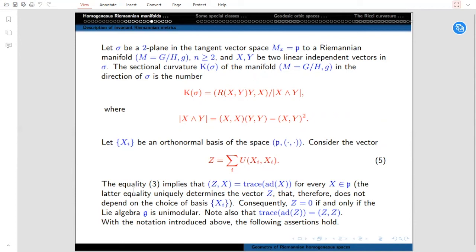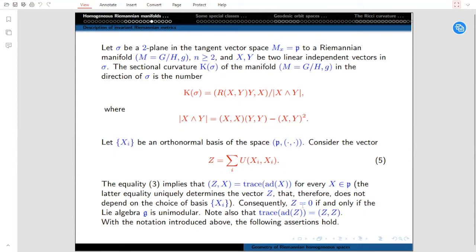It's easy to check that the inner product between z and any x is the trace of the adjoint operator of x, and the trace of this operator is just this inner product for every x from P. Therefore, we easily check that vector z does not depend on the choice of the basis x_i.